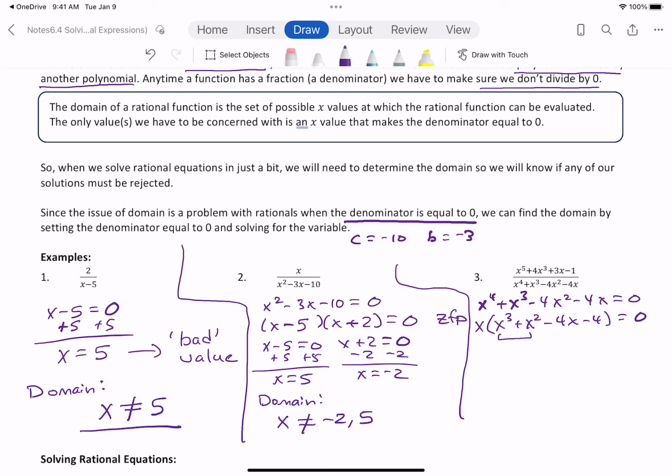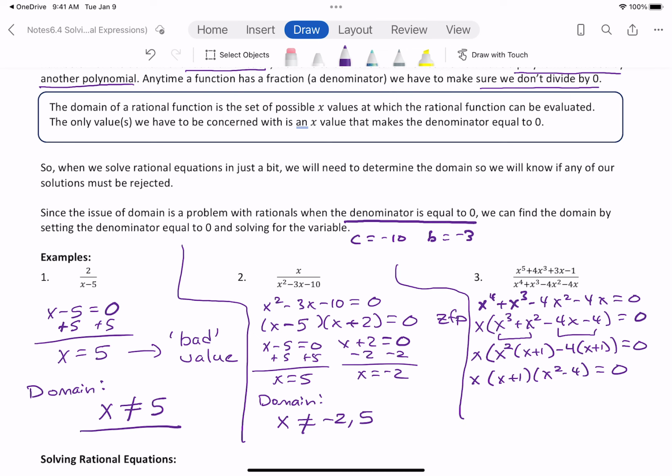So now I'm going to pair them off. My first pair has a GCF of x squared, and that will leave me with x plus 1. My second pair has a GCF of negative 4. That will leave me with x plus 1. And then if I factor out the common binomial term, and what's left is the x squared minus 4, I get here.